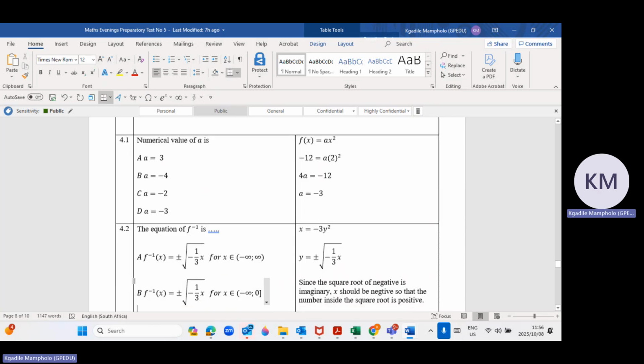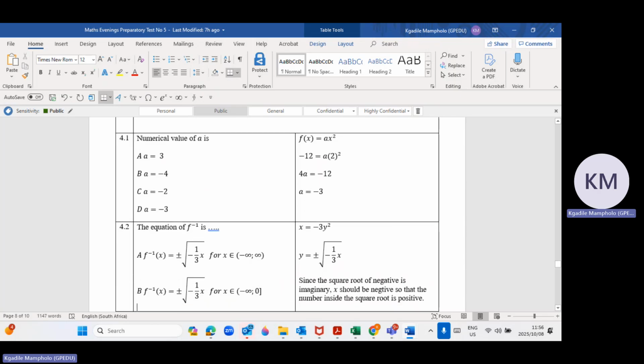The equation of the inverse is equal to... If you want to write this in, then you'll see x equals to. Remember, with inverse, the first thing, you'll get a mark for recognizing the inverse. You interchange x and y.